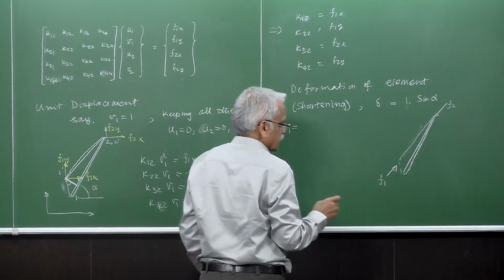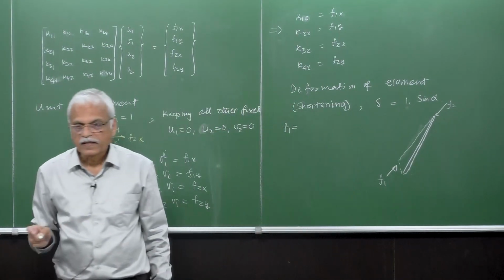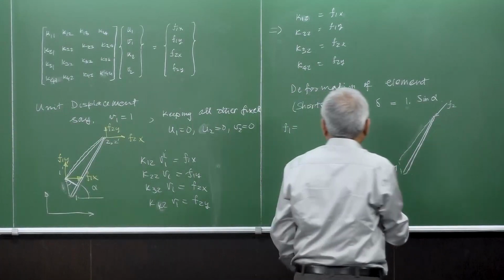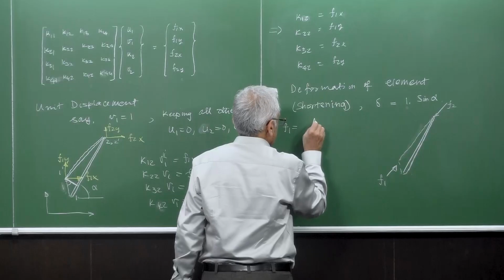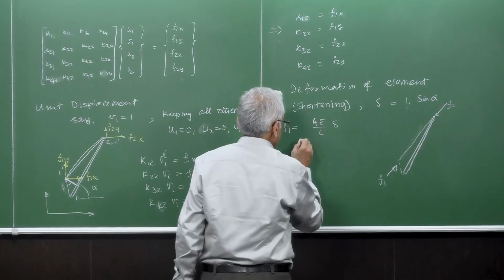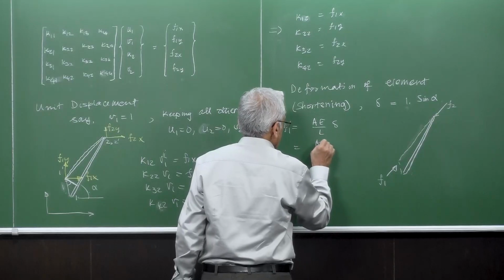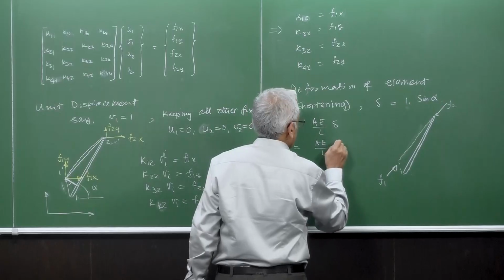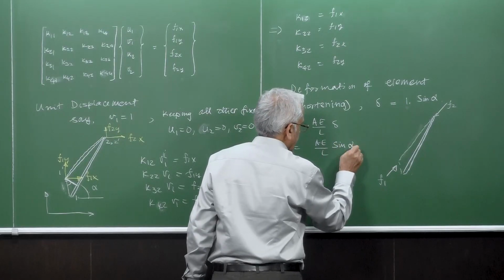We have seen that the stiffness of the element in the axial direction is AE by L multiplied by delta, where L is the length and delta is nothing but sine alpha.